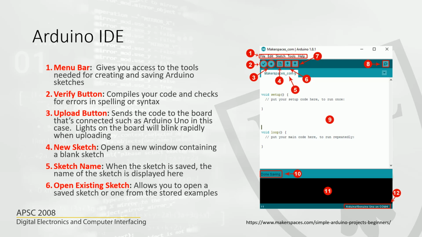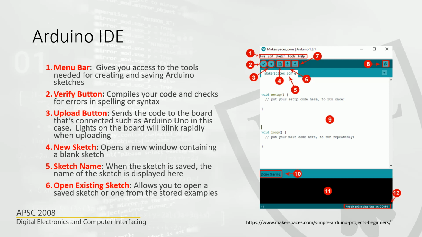If we have missed something, like a semicolon, or if we have put in some wrong spelling which is not spelled according to the syntax, then the errors will pop up and your program will not be compiled. So this is done with the verify button.